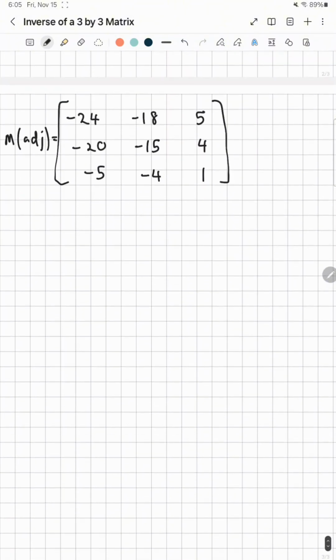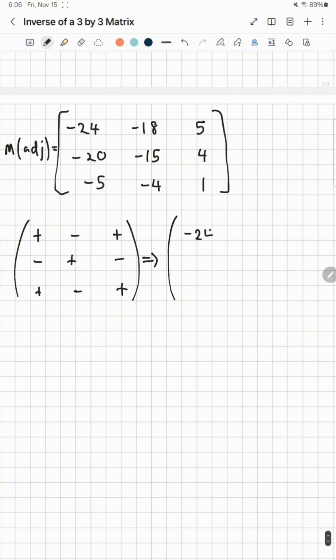And now I'm gonna write down another matrix. It's plus, minus, plus, minus, plus, minus, plus, minus, plus, in order for a 3 by 3 matrix. So you have these symbols, right? Every number in this order, you multiply with its sign.